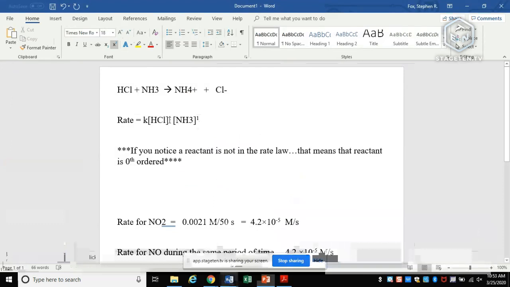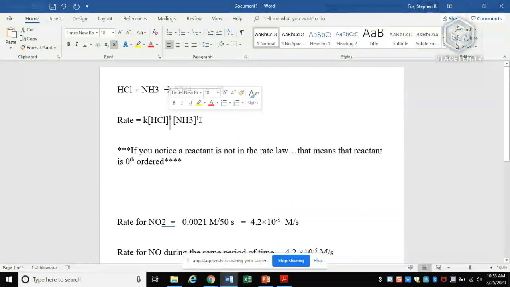With respect to just HCl, it's first order. If it asks with respect to NH3, then you would say it's first. But if it says what's the overall reaction order, it's 2, 1 plus 1. The sum of the reactant orders equals the reaction order.